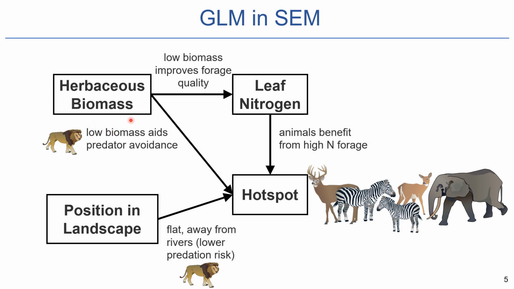Also, if we have low biomass, this helps predator avoidance. And if we have low biomass, it also improves the forage quality of plants. And if they have higher quality, meaning a lower CN ratio in the biomass, then animals benefit from this.